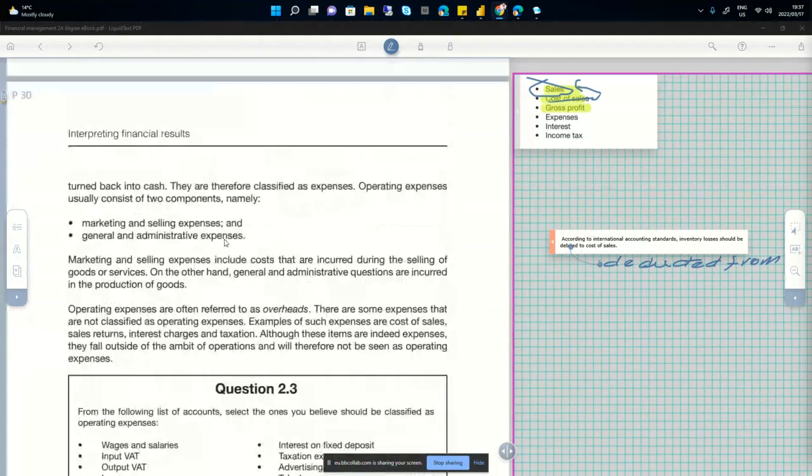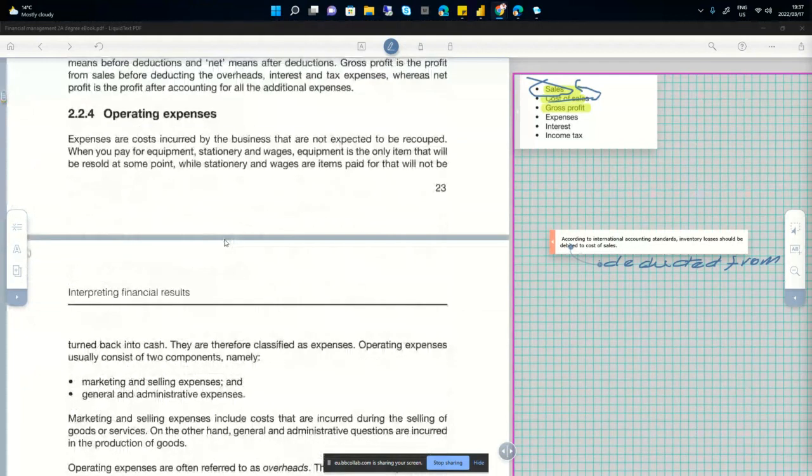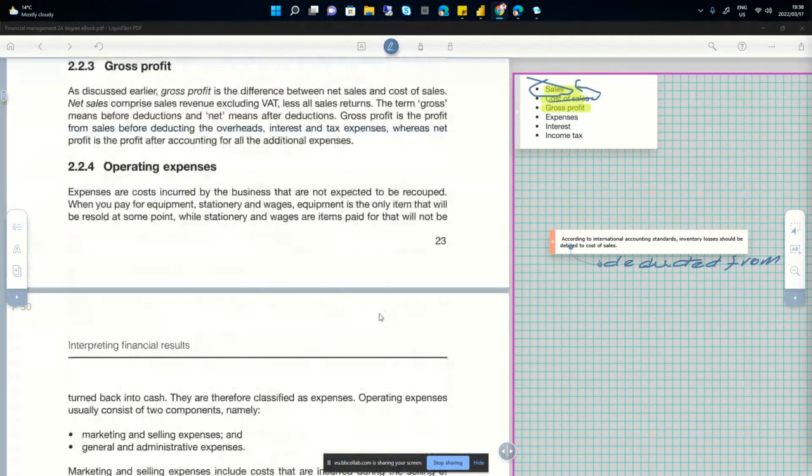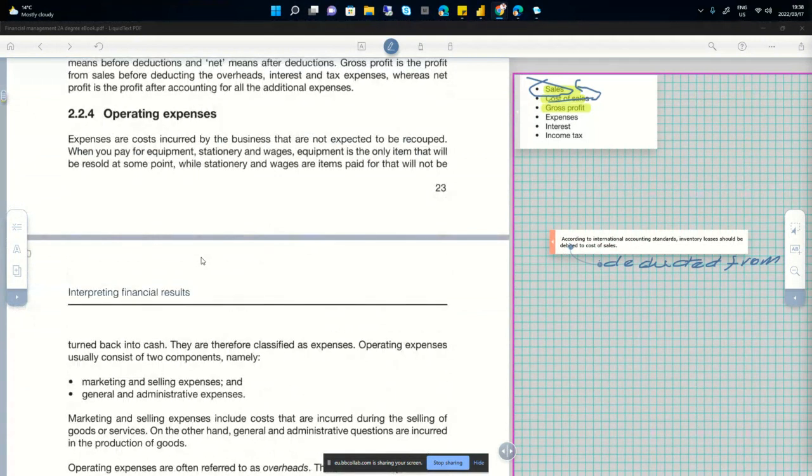Before I get to a particular example, let me touch on some of those items from the income statement. So we have the cost of sales, we have the expenses, and expenses, as you can see here, it says operating expenses. We have probably bought merchandise in order to resell that merchandise with a markup.